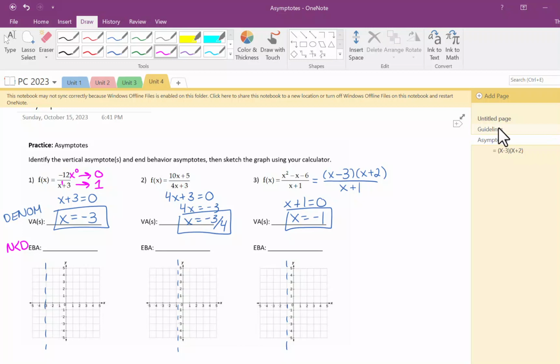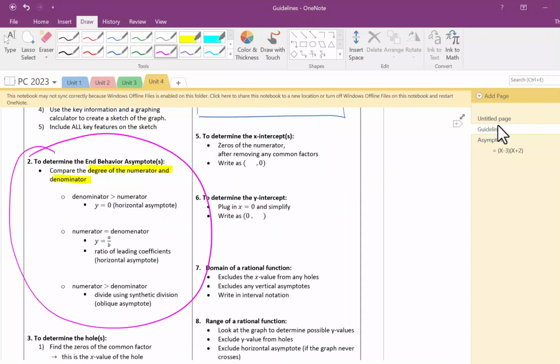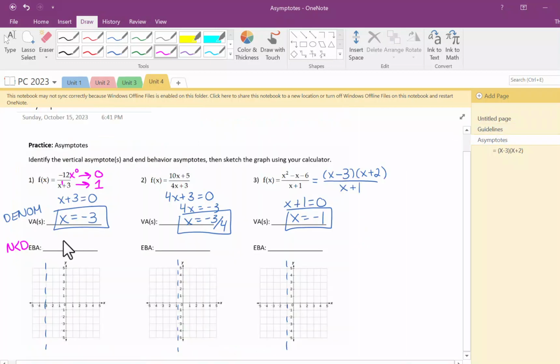So if we go back to that guidelines, when the numerator is less than the denominator, or the denominator is bigger, easy peasy, our horizontal asymptote is just y equals 0. There's no work required. You just have to know that our equation is y equals 0. So I'm going to have a horizontal end behavior asymptote there at y equals 0.